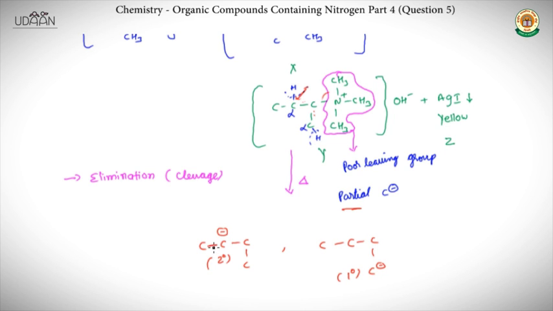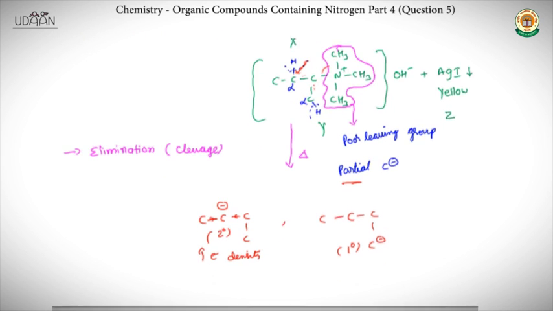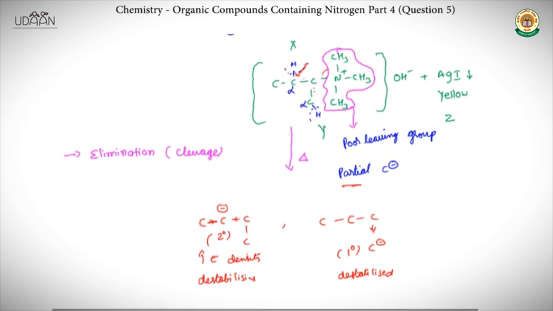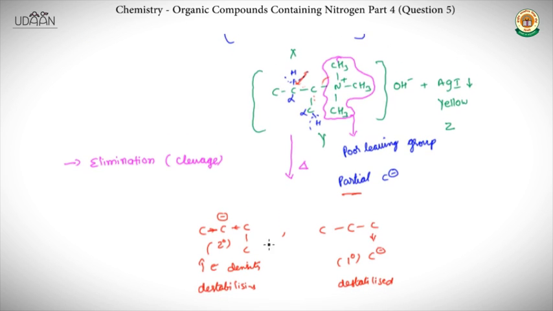You know that these are electron donating groups and they increase electron density, so it is destabilizing this one. Even this is also destabilized, but it is lesser than this one. That is, comparatively it is more stable. So this alpha hydrogen is eliminated rather than this one. This is eliminated and this won't be eliminated.